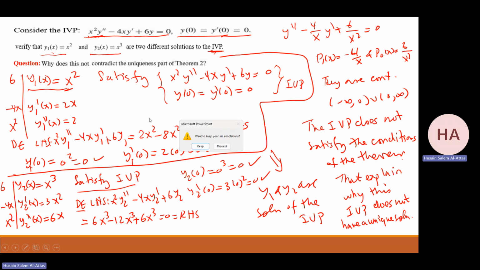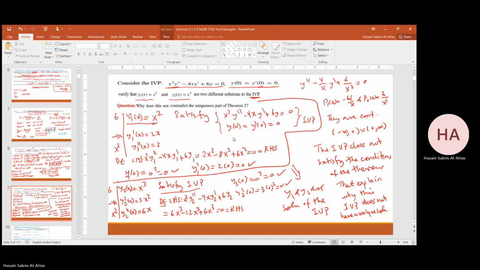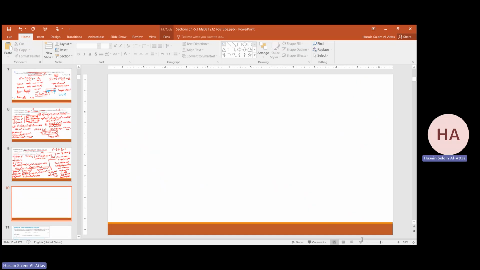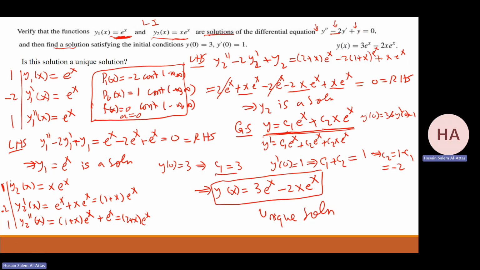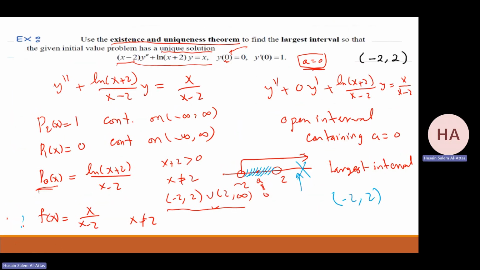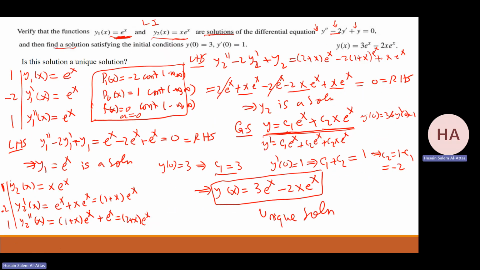And just one thing I want to be sure about. Let me talk about this one, for example. I have y double prime minus 2y prime plus y equals 0. When I talk about y1, which is e to the power x, this is a solution.